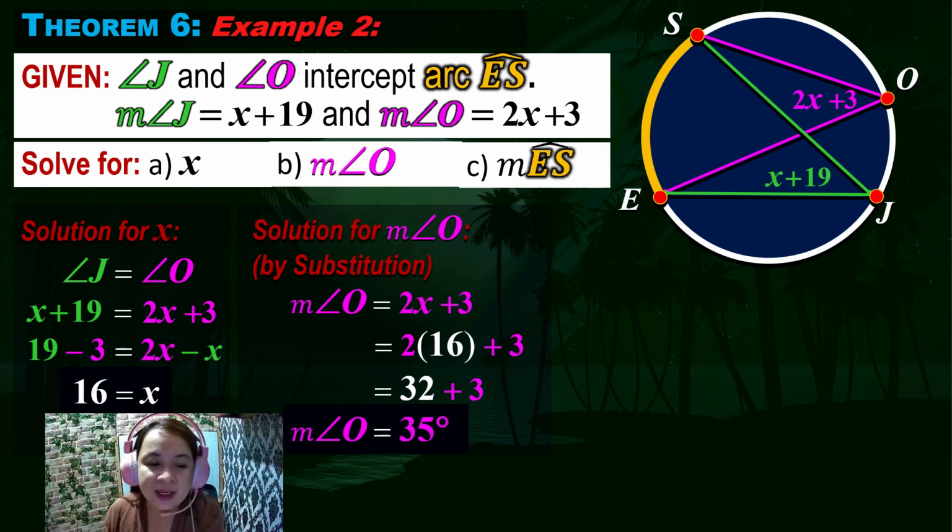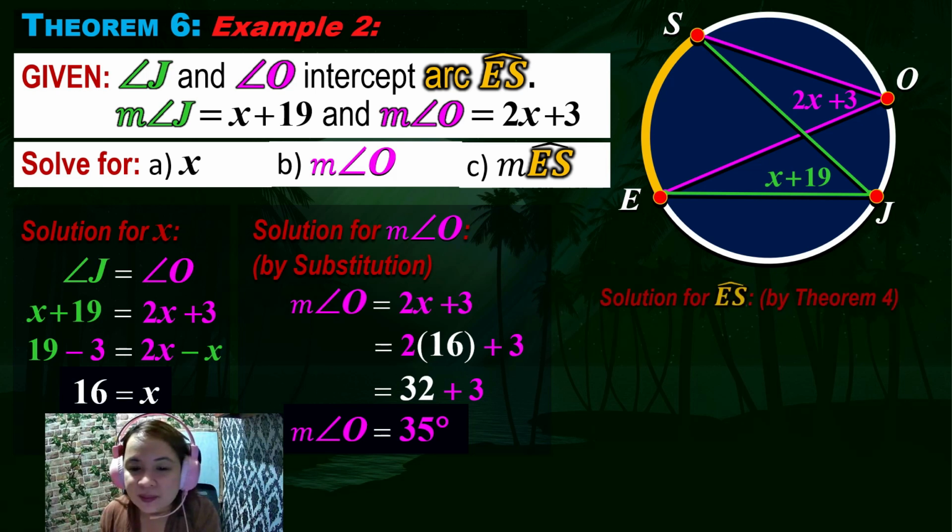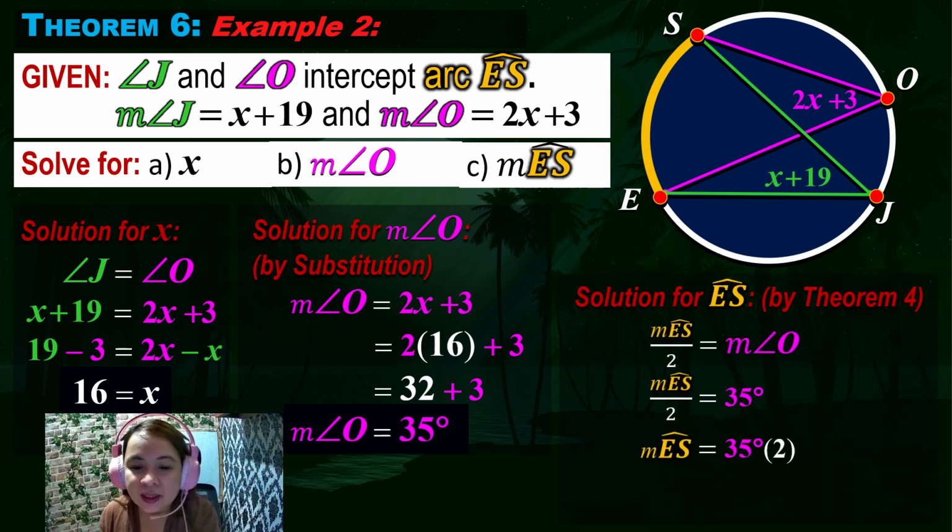Para naman mahanap ang arc ES, ibig sabihin kasi nun, yung arc ES ay kalahati ng inscribed angle. So, para ma-solve natin yan, arc ES divided by 2 ay ang measure ng inscribed angle. So, ang inscribed angle natin ay angle O. So, ang measure ng angle O ay 35 degrees. And then, 2 times 35, you have 70.